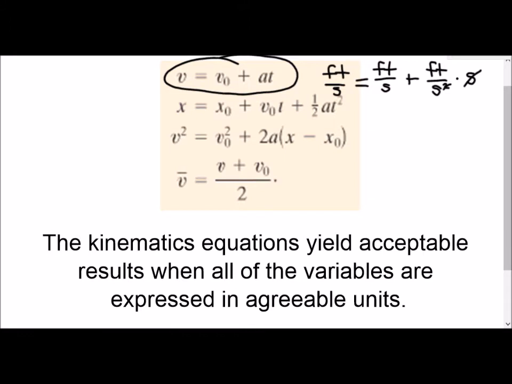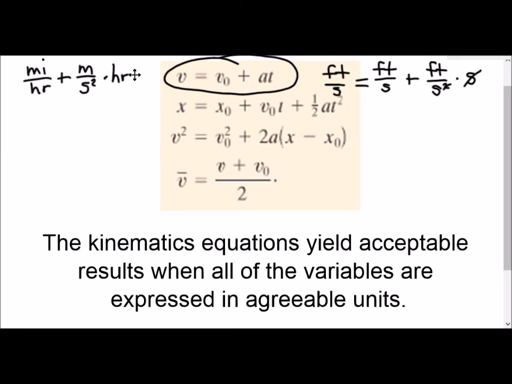Well, what about the situation where the initial quantities don't have agreeable units? Let me show you another example. Possibly the initial velocity is given to me in miles per hour, the rate of acceleration is in meters per second squared, and the object's been accelerating for some time that's expressed in hours.